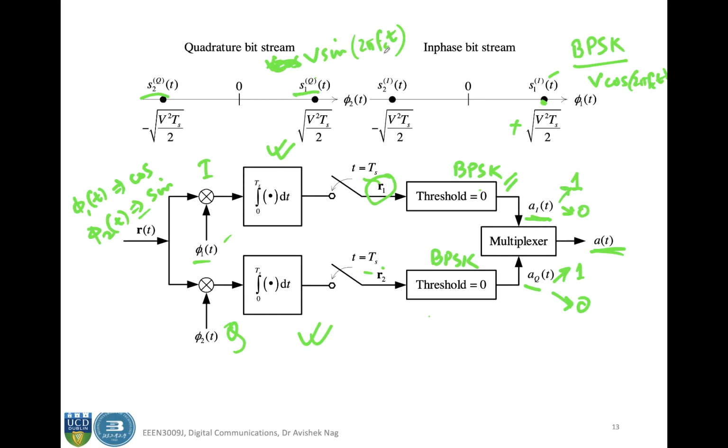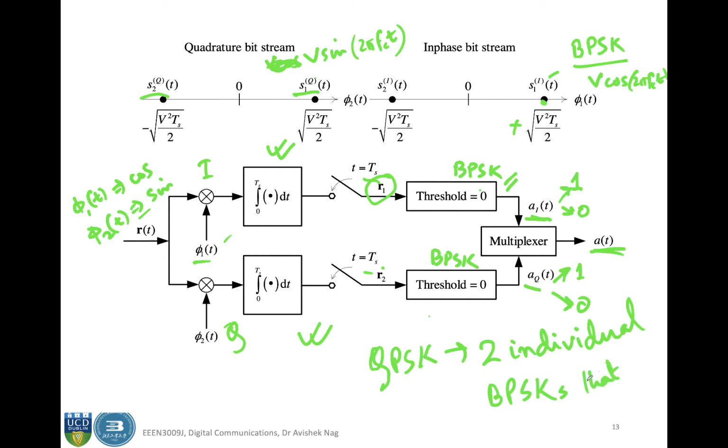Okay, so the basic idea is that QPSK can be considered as two individual BPSKs that are carried over two orthogonal carriers.